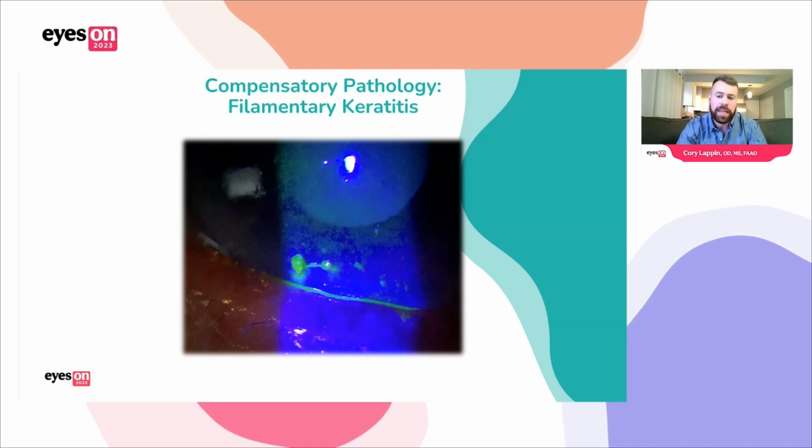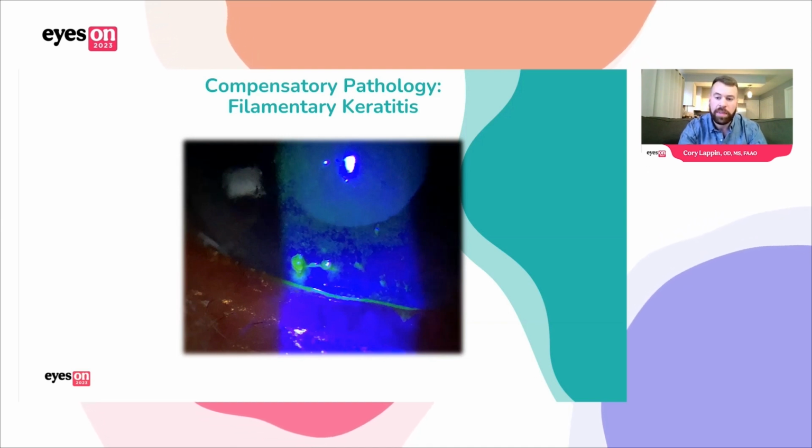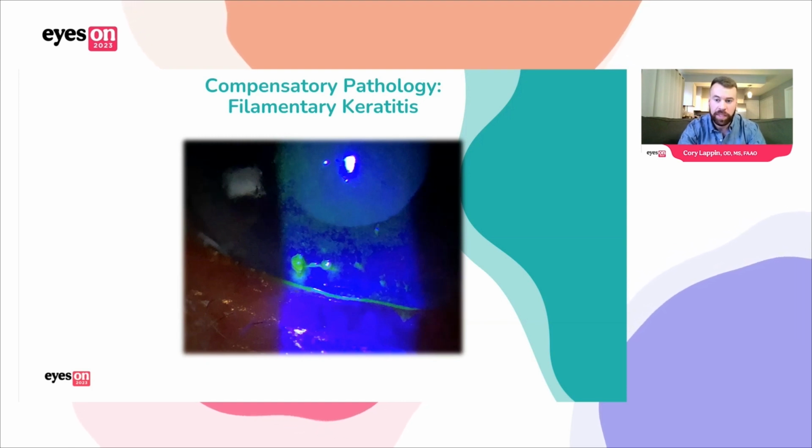So filamentary keratitis is thought to be caused by mechanical friction between the lids and ocular surface, often stemming from dryness. And then this friction leads to a buildup of degenerated epithelial cells, and these cells form a strand-like structure that exacerbates this friction as the lids blink over these dead cells, resulting in further irritation and inflammation.